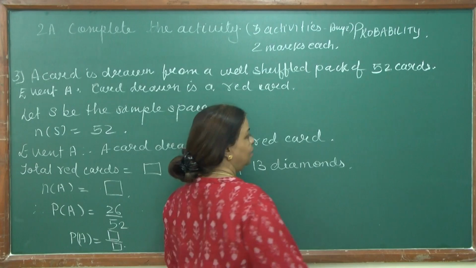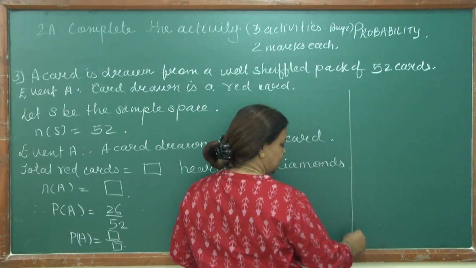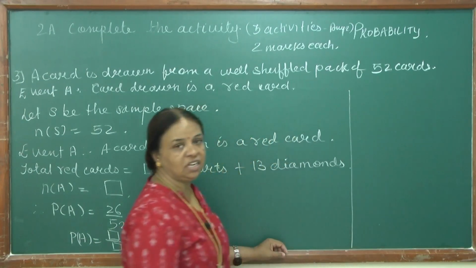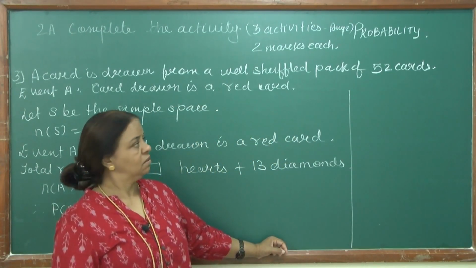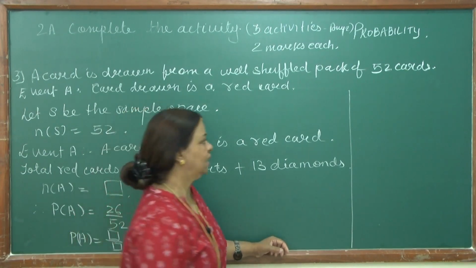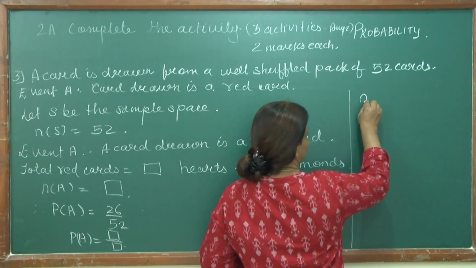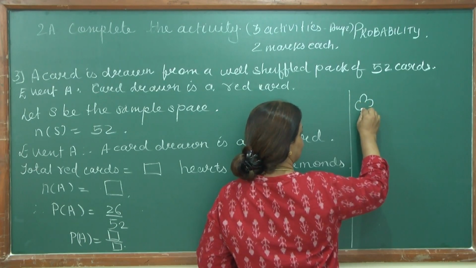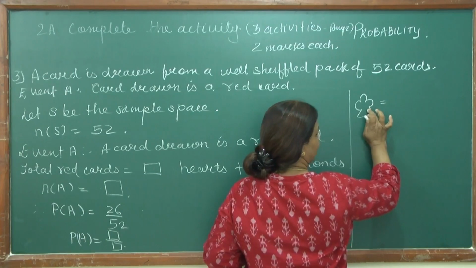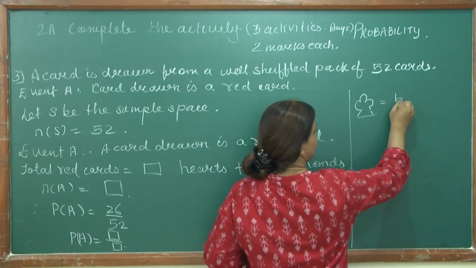Children, in a pack of cards, you must have seen, there are 26 black cards. This symbol you must have seen. There are 13 cards of this, which is black in color.